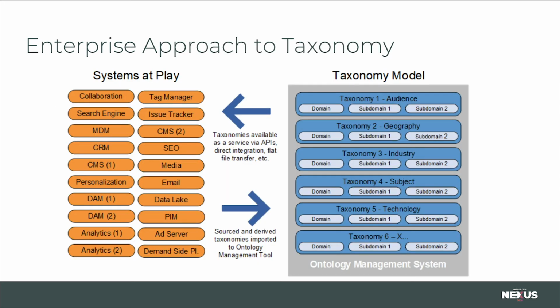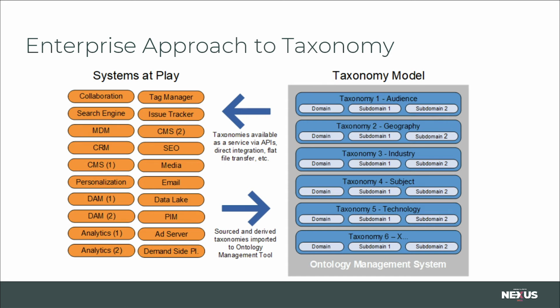Remember the drunken bowl of spaghetti? Well, here's what it looks like now. On the left are the systems at play in our digital marketing and sales ecosystem. And here on the right is the enterprise taxonomy design. So you can see that rather than 18 separate sets of taxonomies, we now have one set of enterprise level domain taxonomies, such as audience, subject, and geography, to name a few.